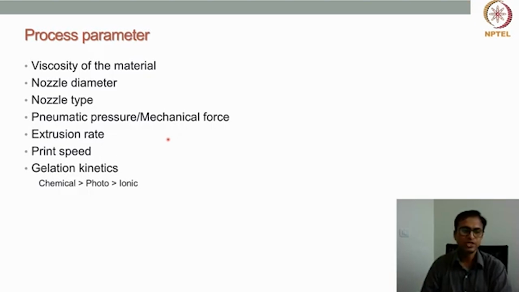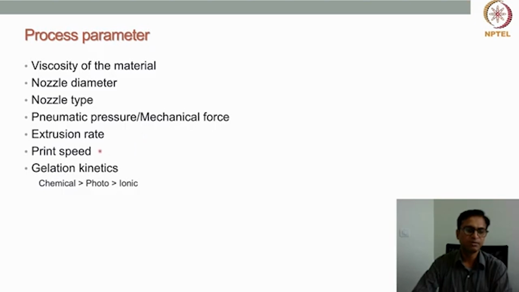The extrusion rate can be very high, but then again it may generate a lot of shear stress, and that can be detrimental for the encapsulated cells. If the extrusion rate is very slow, then the time required for the printed structure will go high. So accordingly, we need to control the extrusion rate.